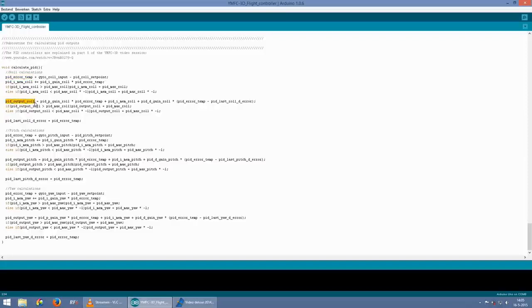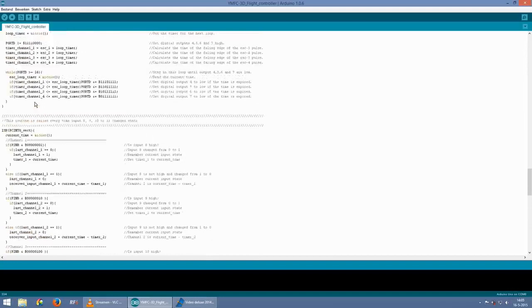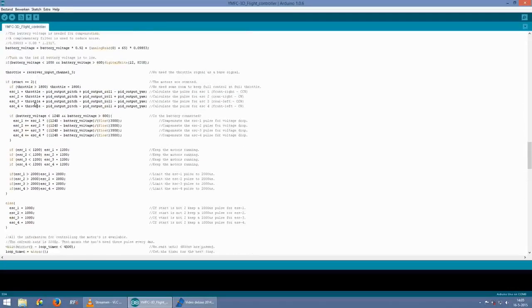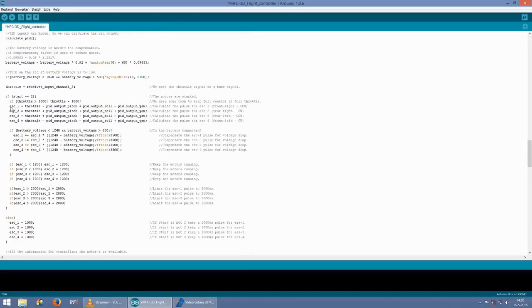So when the multicopter needs to stay level, the RPM of the front right motor needs to increase when the multicopter rolls right wing down. This is done by adding the PID roll controller output to the pulse of the ESC1.